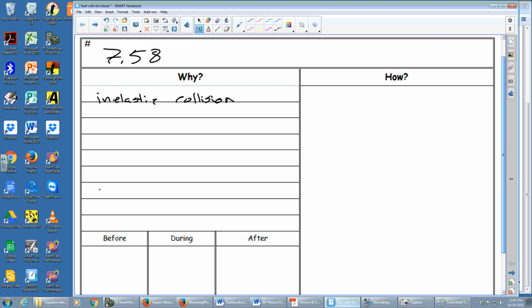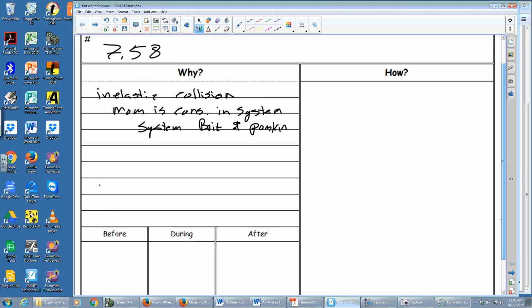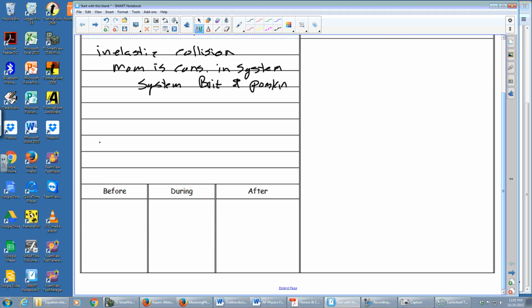So of course, momentum is conserved in the system. Therefore, my system would be Brittany and the pumpkin, and that probably would be enough for the written part.